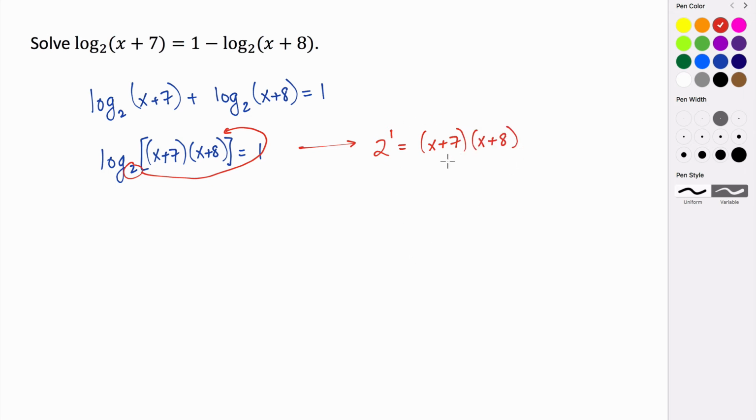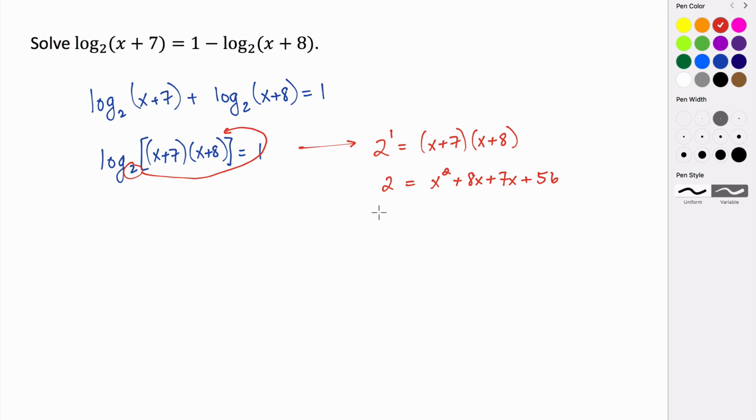Now, in order to solve this, we need to FOIL and expand this binomial multiplication and solve a quadratic. X times x is x squared. 2 to the first is 2. X times 8 is 8x. 7 times x is 7x. 8 times 7 is 56.